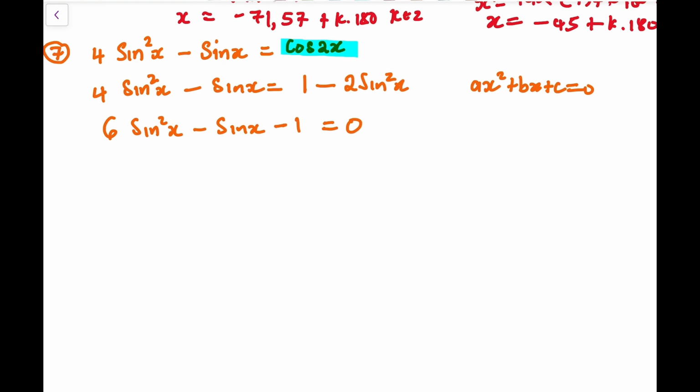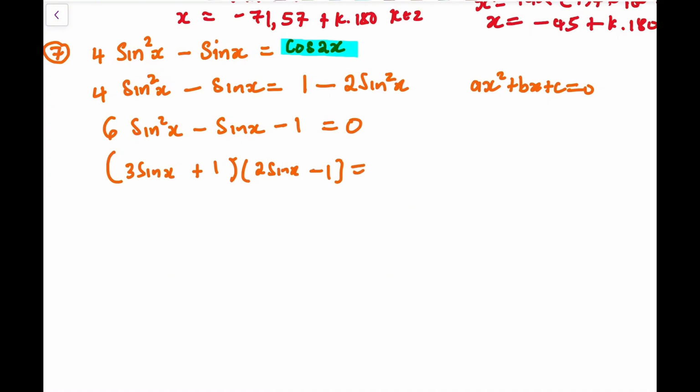So if we factorize this, okay, 2 brackets, and then we are going to have 3 sine x multiplied by 2 sine x, and then factors of 1 is just 1 and 1. So we have plus and minus, so the signs are different here.